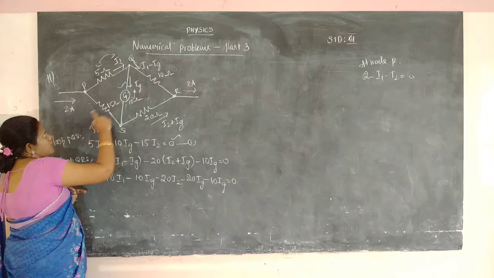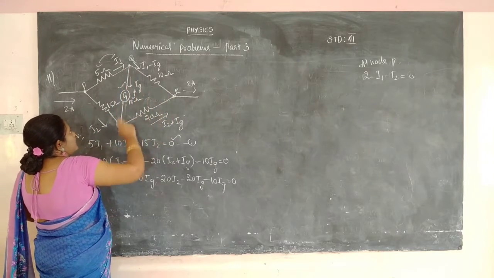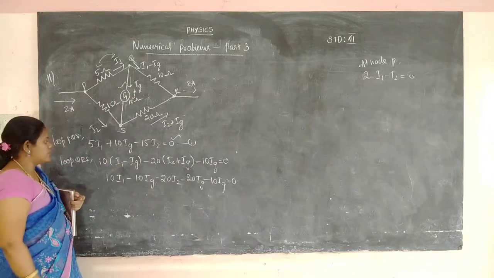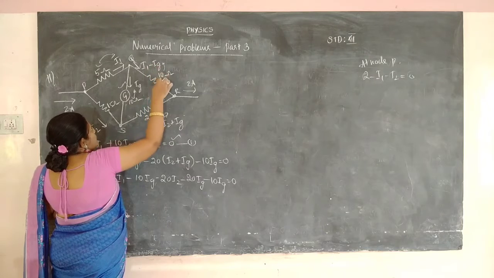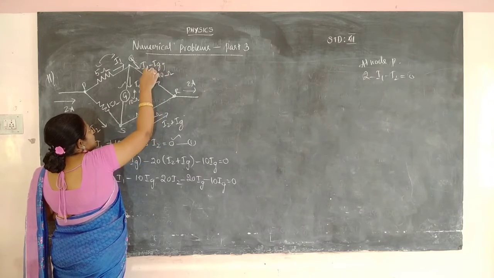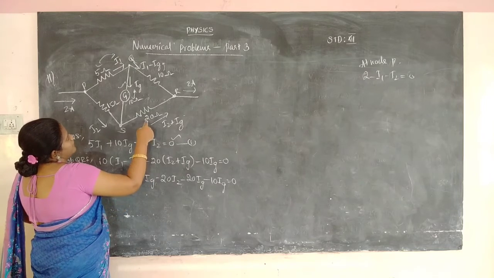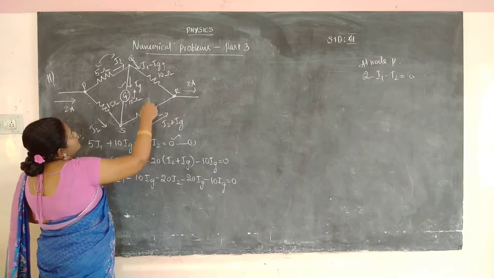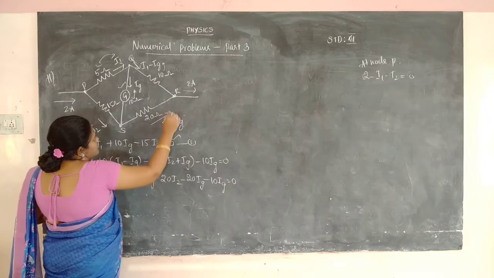Now take the loop QOS, this triangle. What resistances are here? First 10 with current I1 minus IG: 10 into I1 minus IG. Then the 20 ohm resistance, where the current follows opposite: minus 20 into I2 plus IG.